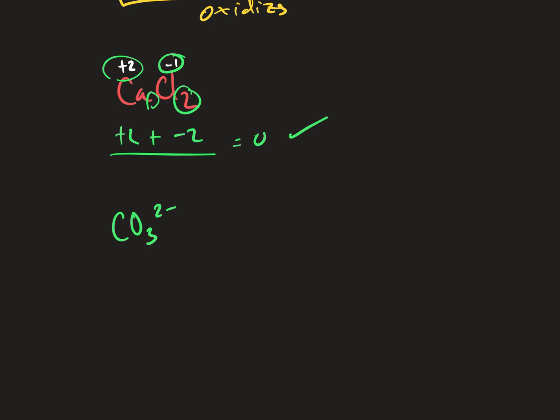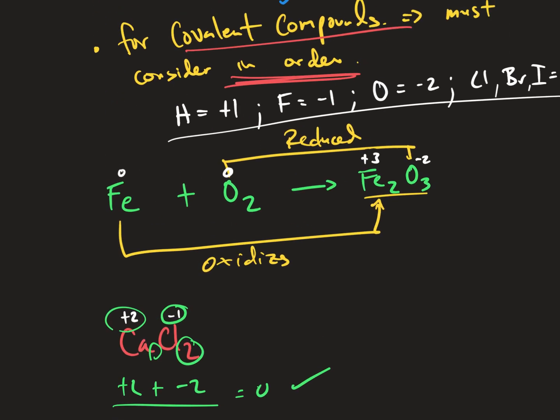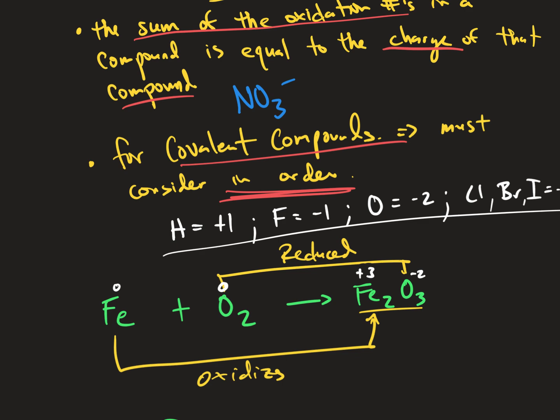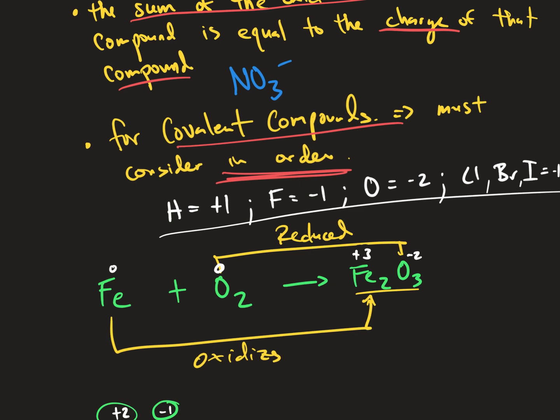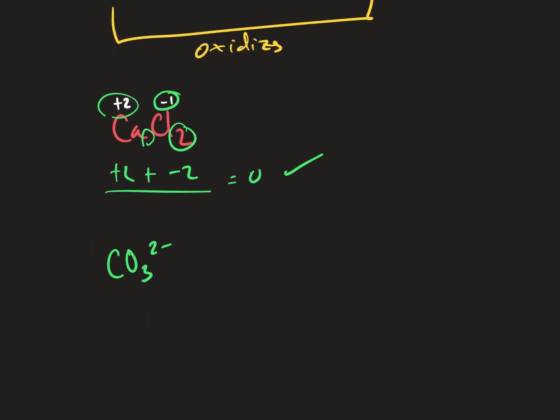All right, so this is a covalent compound. Which one do I deal with first, carbon or oxygen? Yeah, we look at our list in order. There's no hydrogen, no fluorine. We do have an oxygen, so its oxidation number is -2. You with me? Now we got to figure out what carbon's oxidation number is. Carbon's oxidation number is always going to change.